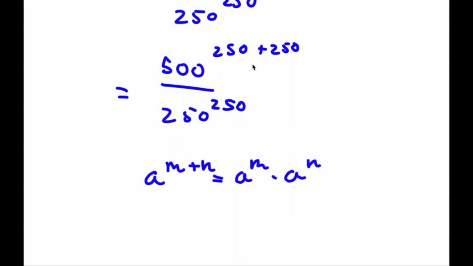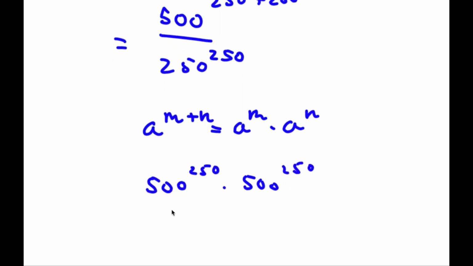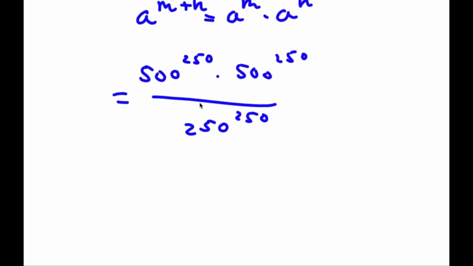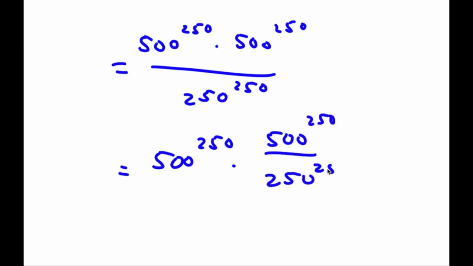So in this case, 500 to the power of 250 plus 250 is equal to 500 to the power of 250 times 500 to the power of 250 over 250 to the power of 250.